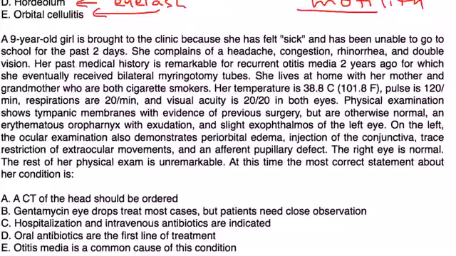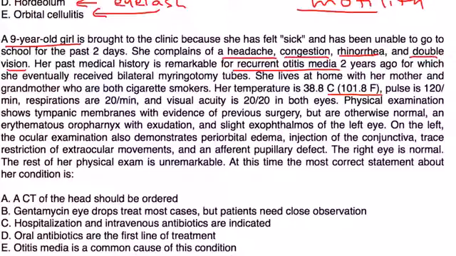And lastly, a big long one. A 9-year-old girl is brought to the clinic because she has felt sick and has been unable to go to school for the past 2 days. She has headache, congestion, rhinorrhea, and double vision. Past medical history is remarkable for recurrent otitis media. She lives at home with her mother and grandmother, who are both cigarette smokers. Temperature is 101, pulse is 120.